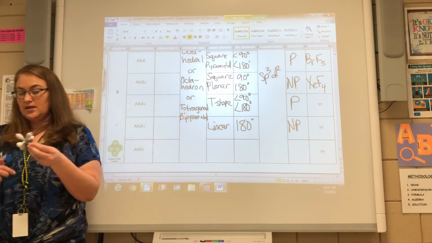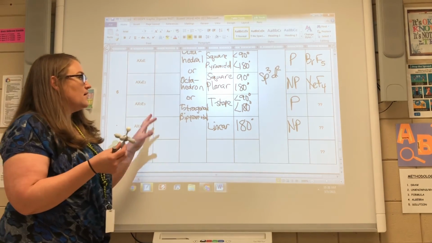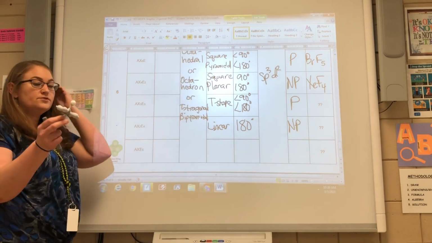All right, so I'm going to take off one more. We're going to do the AXE5. All right, so I still have the octahedron overall shape.